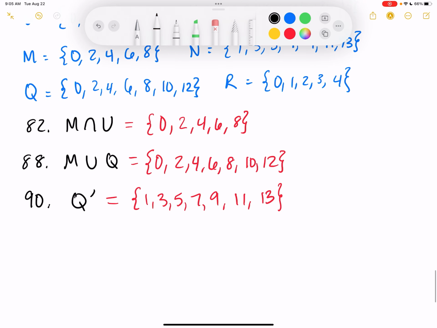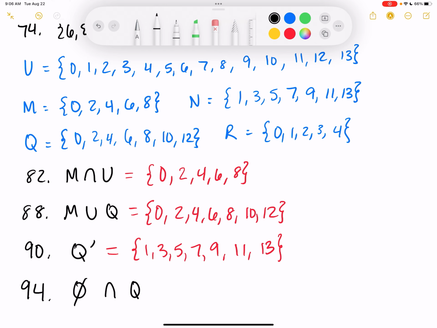All right, 2 more. And then I promise we'll be done. All right, so the empty set intersected with Q. So intersect means what?